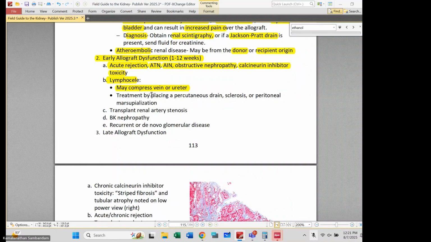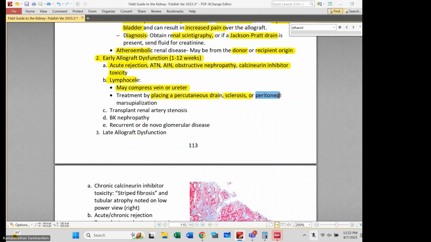We usually address those with either drainage. Sometimes they're just drained by a needle drainage. It's less common that we leave a drain in because that can be a source of infection. You can actually poke them with a needle and inject a sclerotic agent.